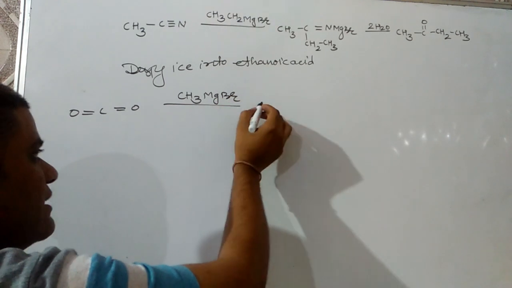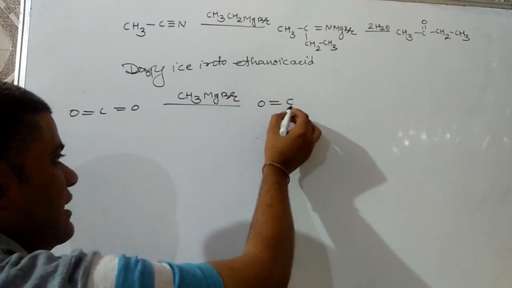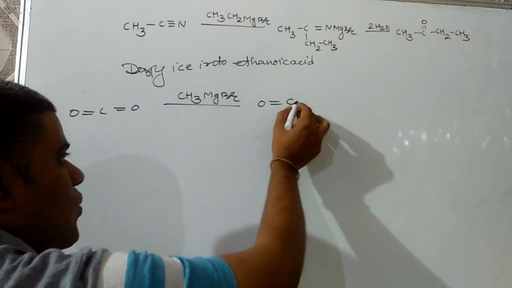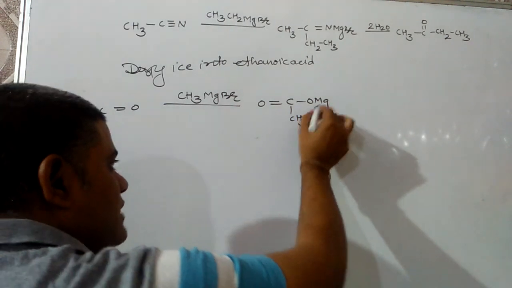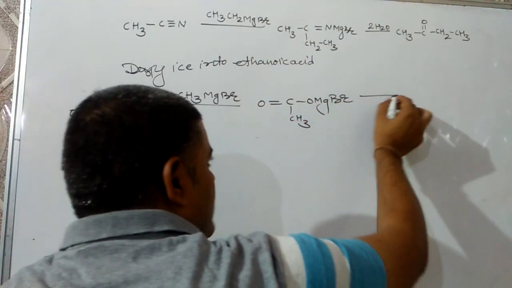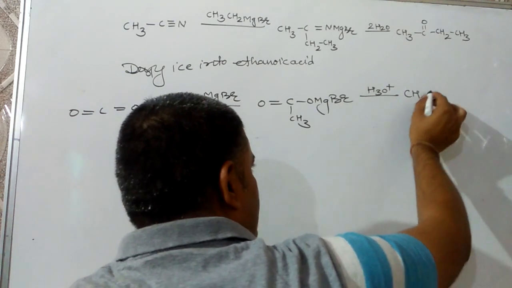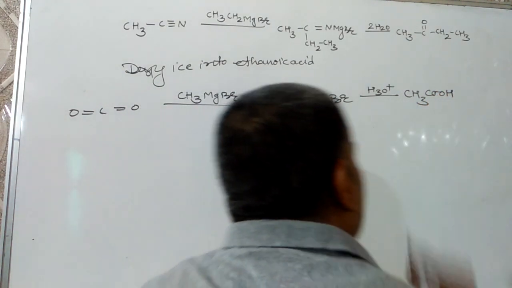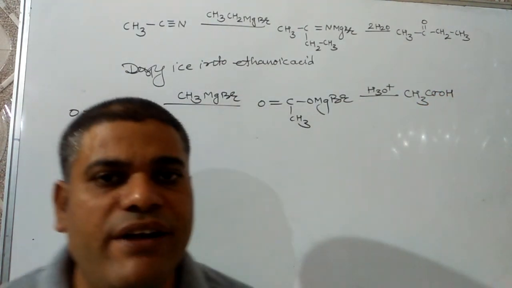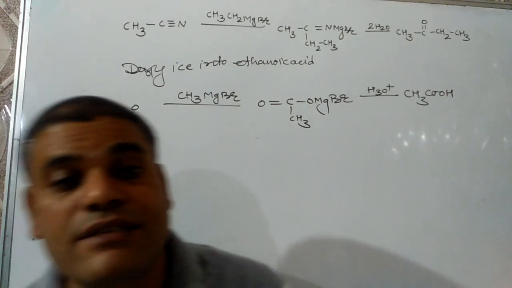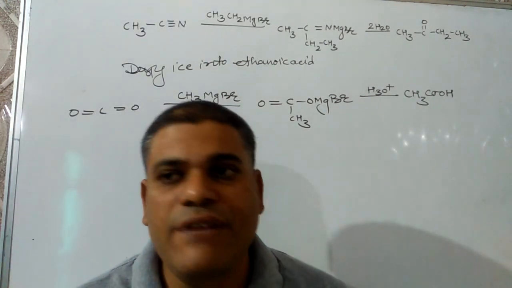Nucleophilic addition will take place, giving CH3COOMgBr. This on hydrolysis gives acetic acid, CH3COOH. All these conversions are very important, have been asked in exams, and will be asked further also.